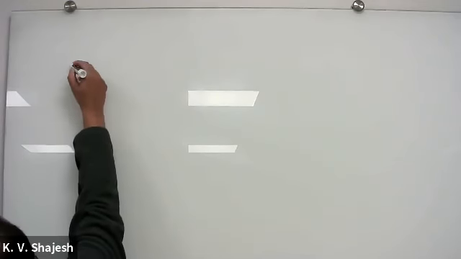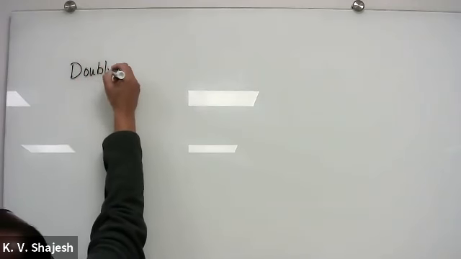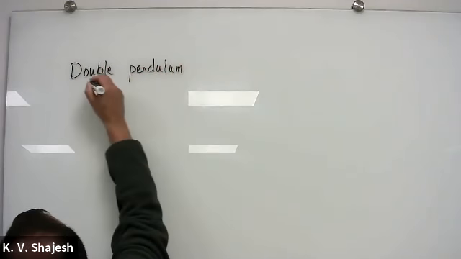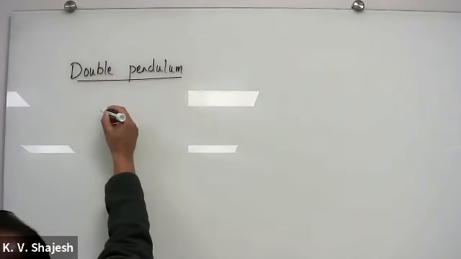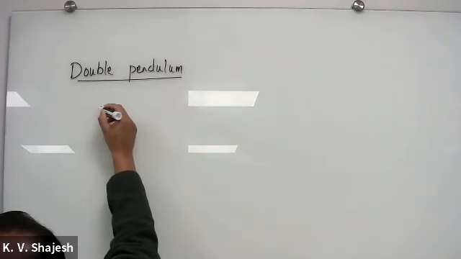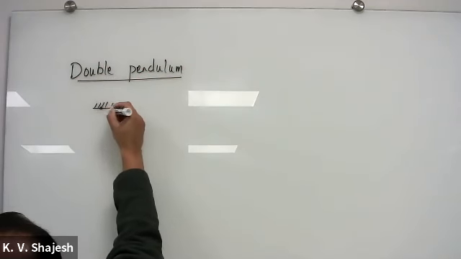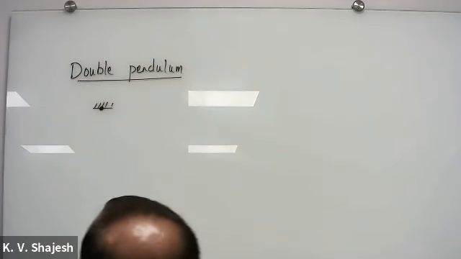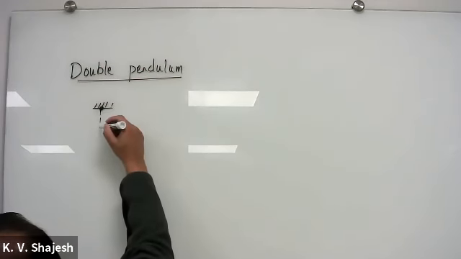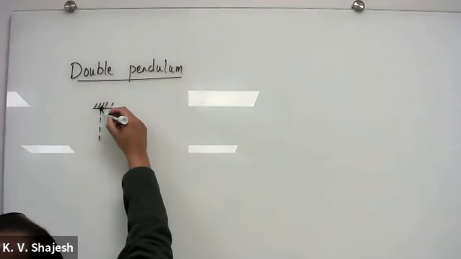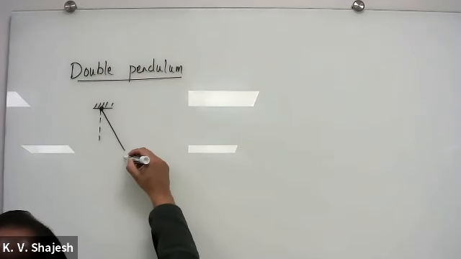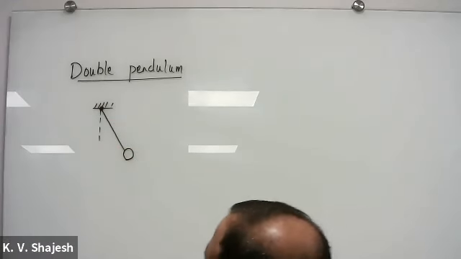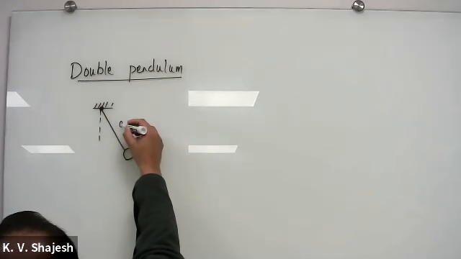So this is called the double pendulum. Reasonably the same idea as before. So that's a ceiling. You have a point attached to the ceiling. And with respect to the vertical, you can have a mass M1 hanging. That's a massless rod, let's say of length A1 this time.